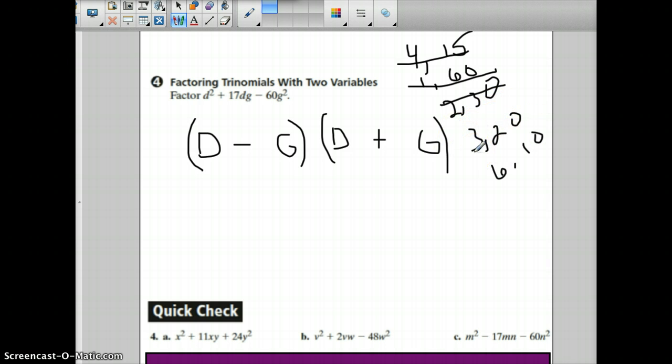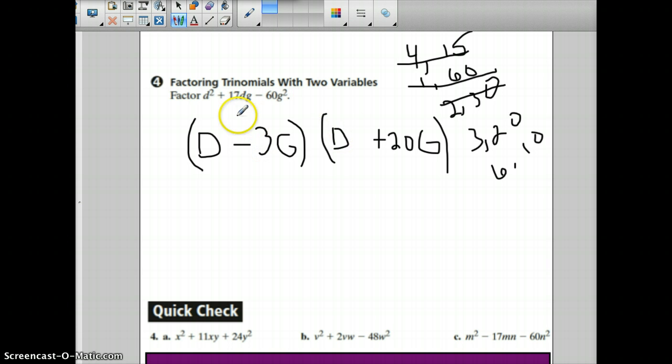And the more you do of these, the more practice you get, the faster you'll become at picking out or eliminating factors right away. I knew it wasn't going to be the 1 and 60. They're so far apart. They're not going to ever give me 17. So the 3 and the 20 do have a difference of 17. Now remember, I want the bigger number to have the positive sign. So I put the 20 right here with the plus, and then the 3 right here.